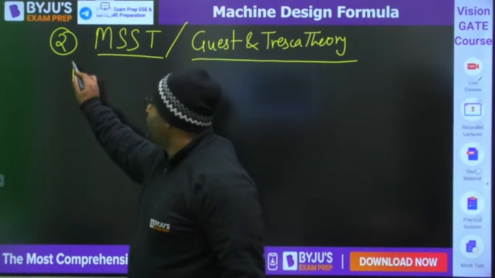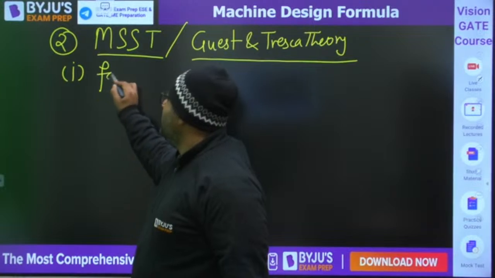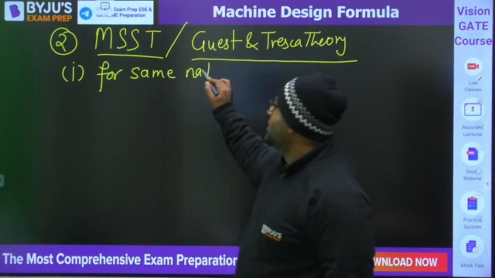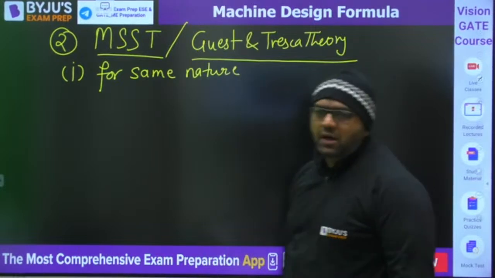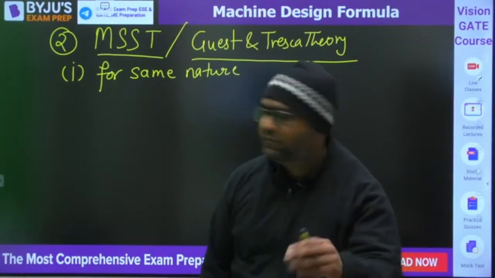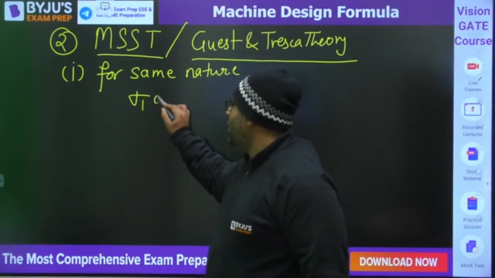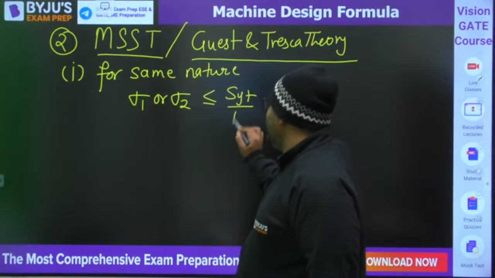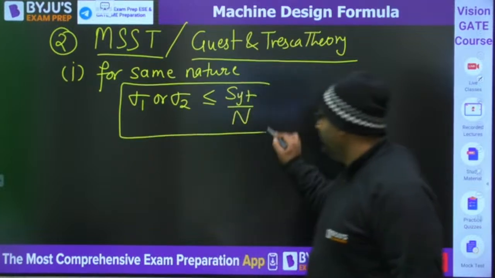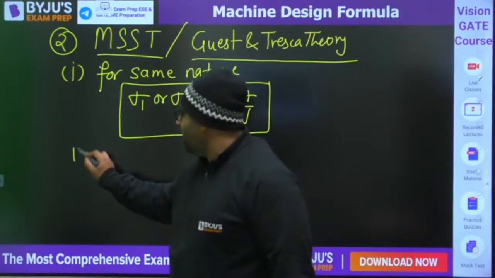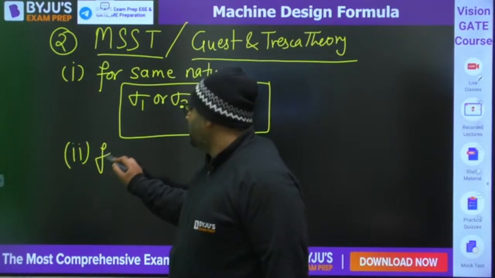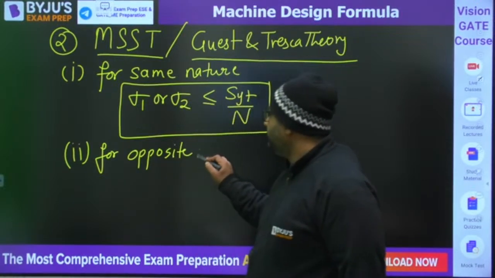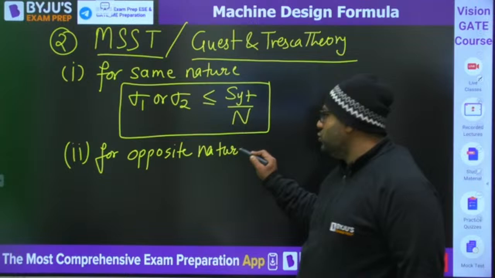What are those? The first statement is for same nature of principal stresses. If both the principal stresses are either tensile or compressive, then the formula is sigma 1 or sigma 2 is less than or equal to SYT divided by N. And guys, the second case is for opposite nature.